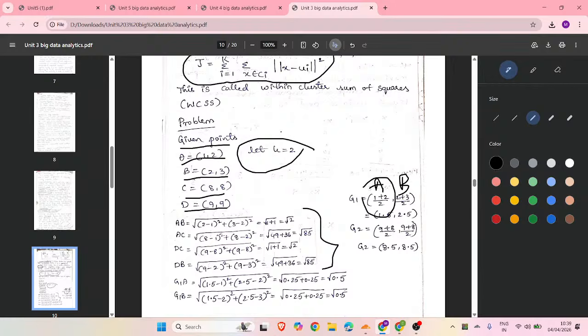So you see here 1 plus 2 and 2 plus 3, and in the same way 8 plus 9, 8 plus 9.